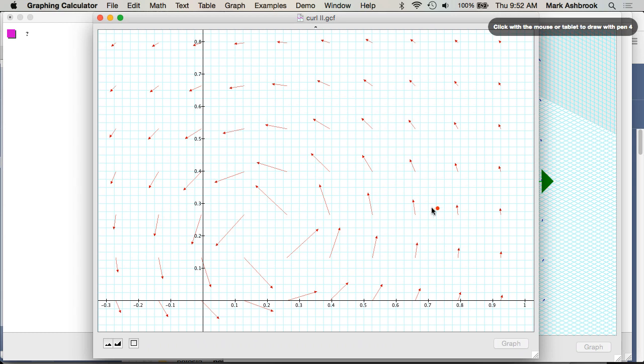So, let's look, say, right about here. I'll do black and blue here, so black. Looking at these horizontal components going up, are those getting bigger or smaller? Smaller.